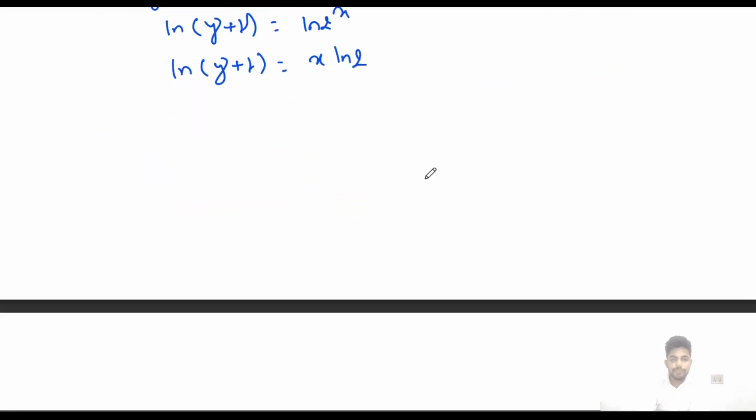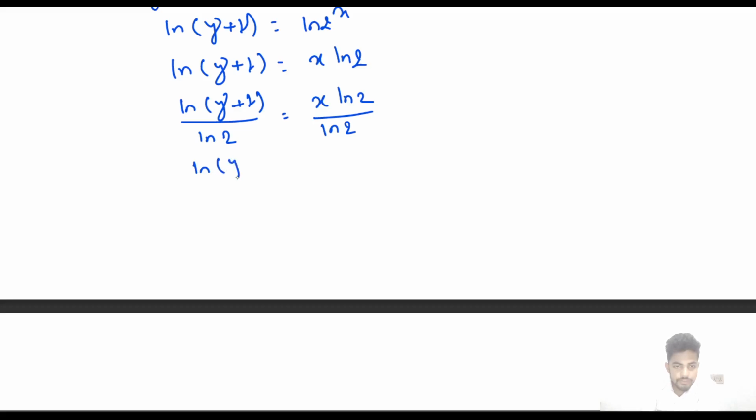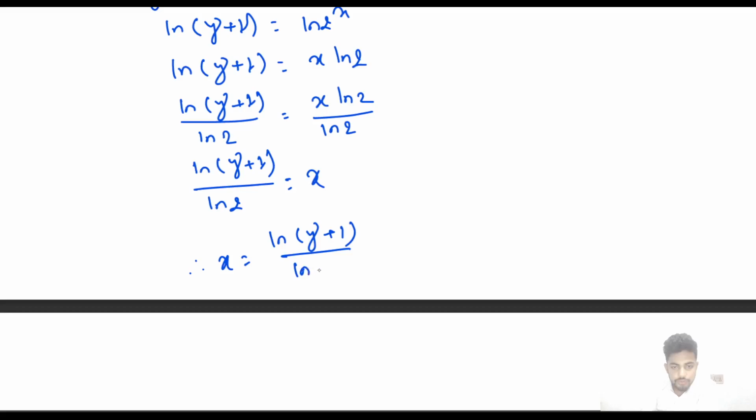To separate x we divide both sides by ln 2. So ln(y plus 1) divided by ln 2 equals x ln 2 divided by ln 2. On the right there is only x, therefore x is equal to ln(y plus 1) divided by ln 2.